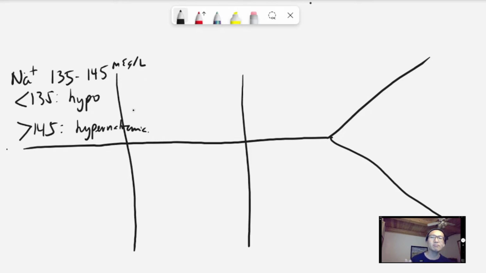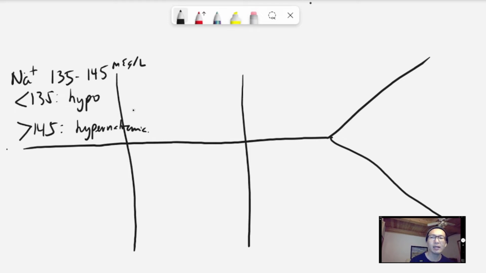But if it goes below 130, I think it's important for us to work up and find out the cause of either hypo or hypernatremia. If it's more than 148, 149, same thing. I had an experience with this one doctor, and he told me that anything below 131, 132, just send to the hospital, regardless of whether the patient is symptomatic or not.